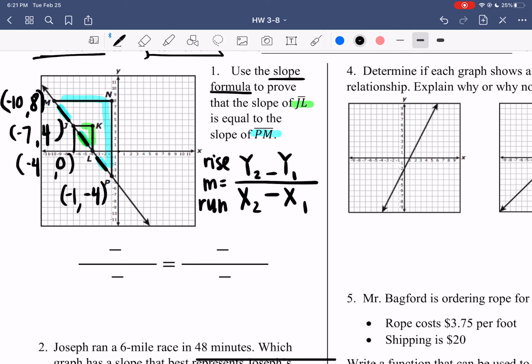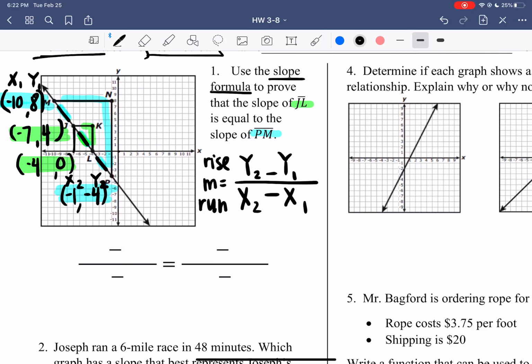So we have these two lines. We have this one associated with M and P, so line PM right there, or MP. And we have these two with line JL. If I'm labeling these, I can have x1 and y1, and this would be x2 and y2.